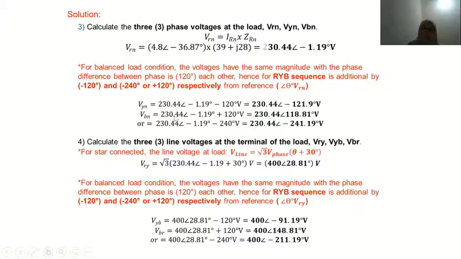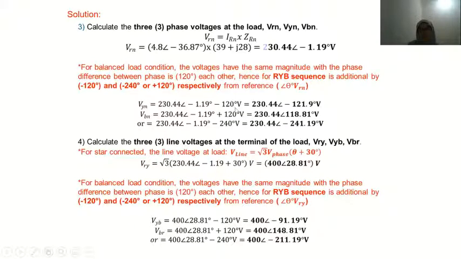For your VBN, the magnitude is still the same, 230.44. For the angle, you can either add 120 degrees to your reference VRN angle, or take minus 240 degrees as referred to your VRN.